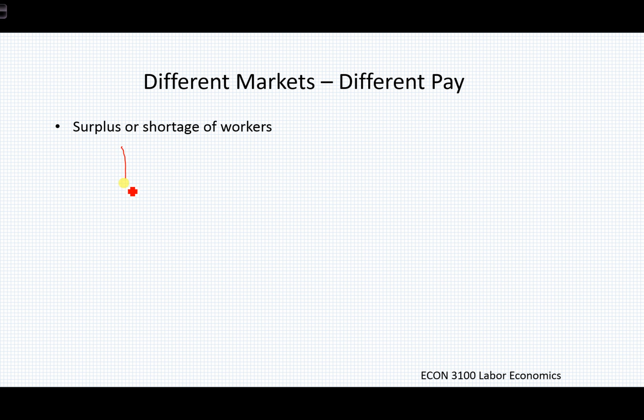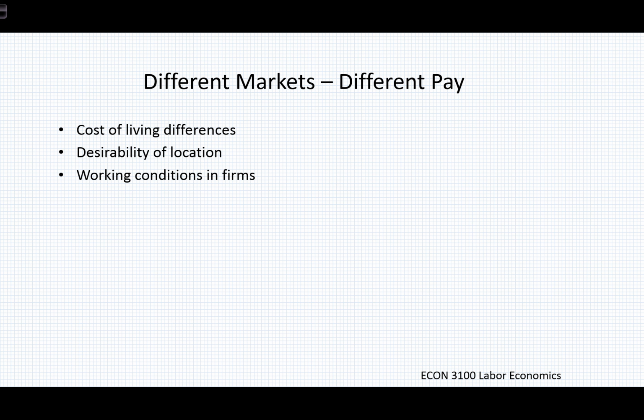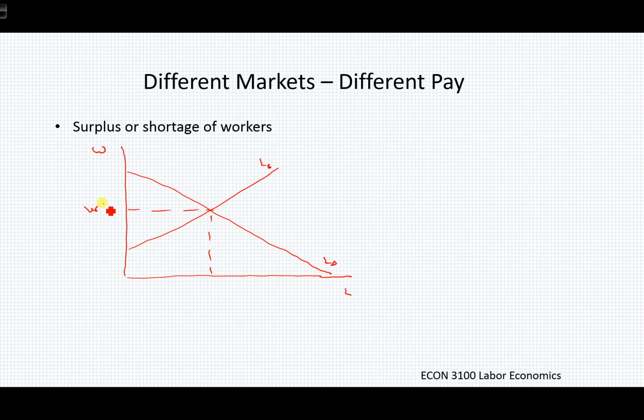Let's assume that we have this market in which we have some wage floor that was established above W star, with labor supply, labor demand, L, W, W star, and L star. So in this market, we have this higher level of W floor.